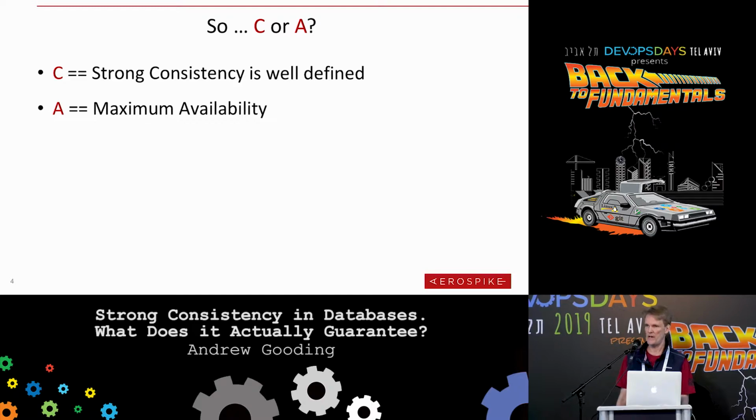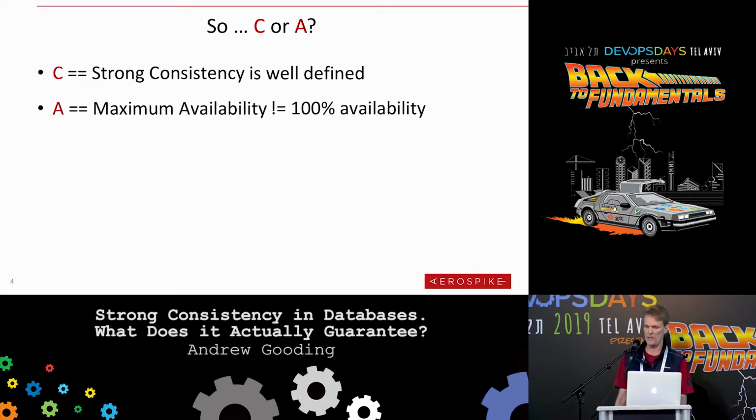Strong consistency is actually very well defined. It has, I think, a pretty clear definition, which I'll show you in a minute. And maximum availability. One thing I want to point out there is that it doesn't mean 100% availability.